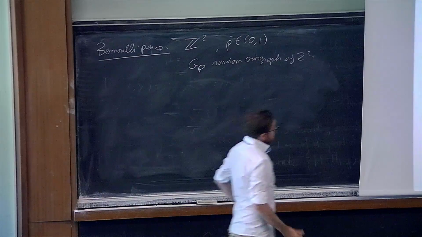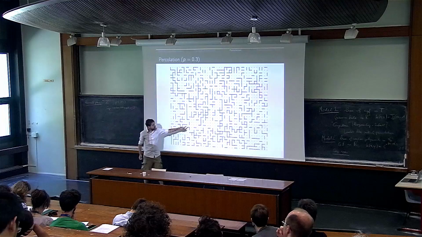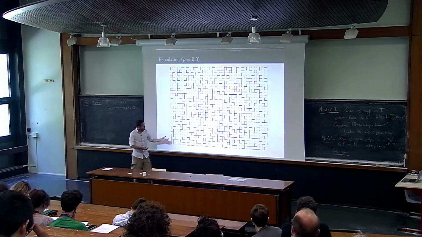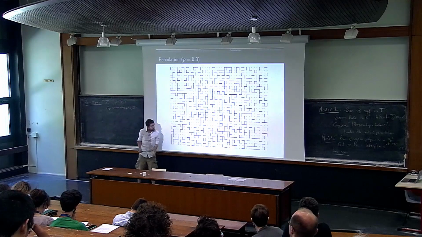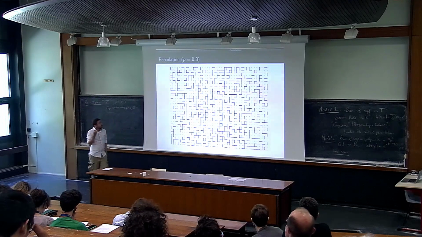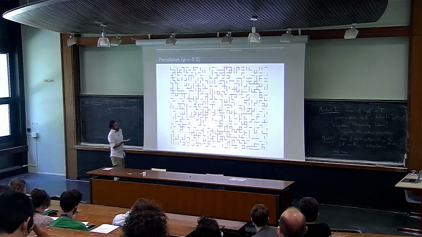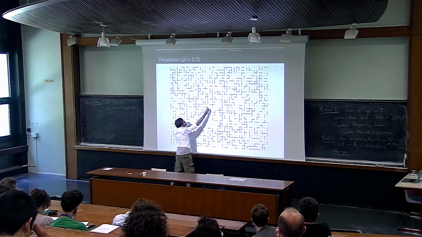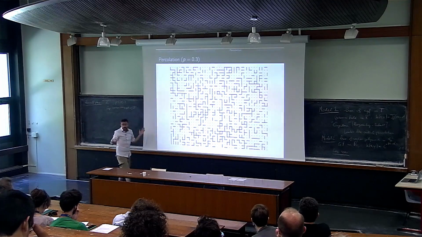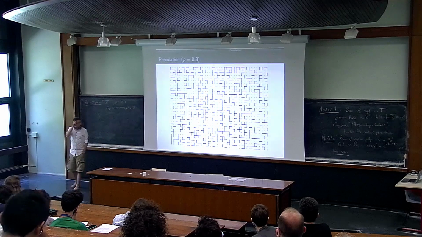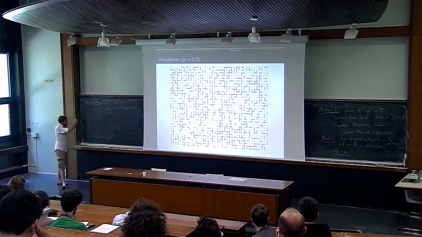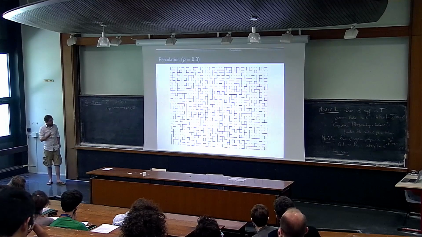So you see that this random subgraph has lots of atoms, and it has fairly small connected components. And it has kind of larger connected components, but there's nothing spanning the whole size of the box. And the main question is, what is the connectivity structure of this random subgraph?